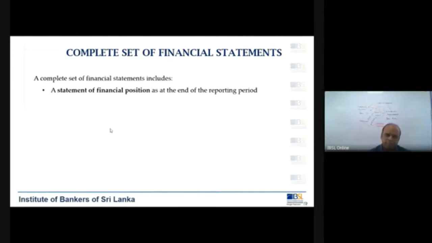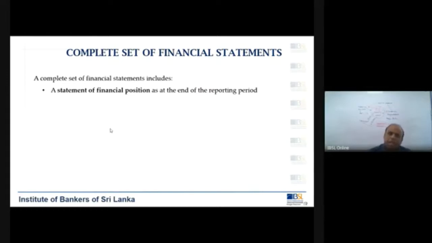So we will use the term balance sheet when we are writing about this particular statement, but when you are preparing financial statements, we don't name them as balance sheet now. That term is no more, right? With the introduction of LKAS 1 and later on with LKAS 32 and 39, the name balance sheet is no more. We call that the statement of financial position.